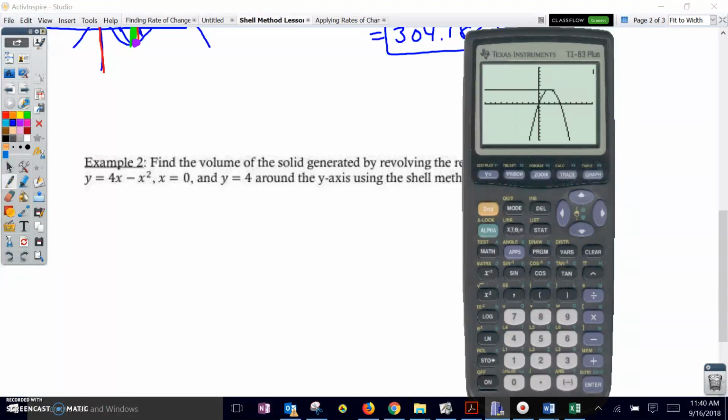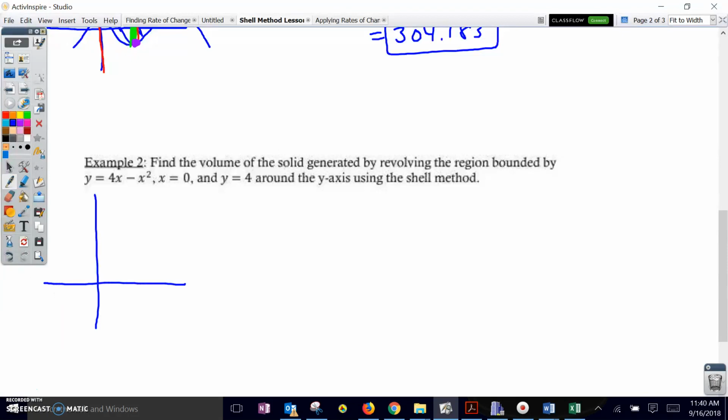So we've got a parabola, y equals 4, and the line x equals 0. So we're looking at this region right in here. Okay? Now, there's a sample strip.